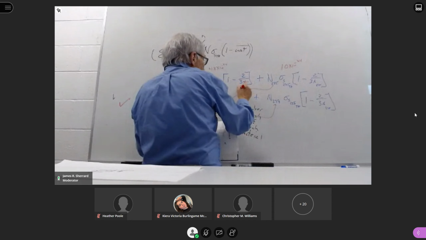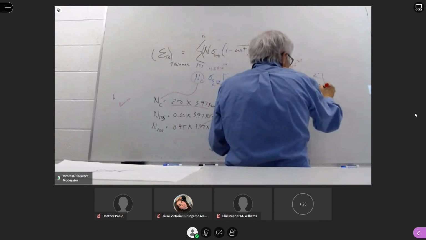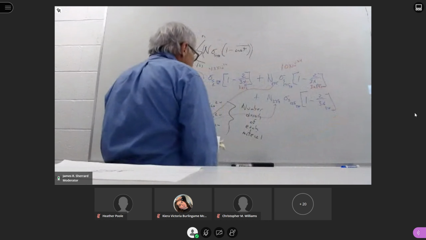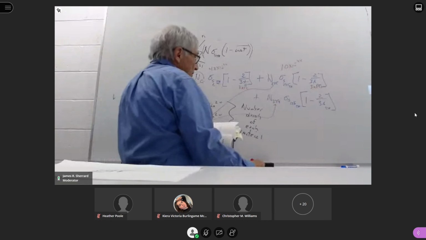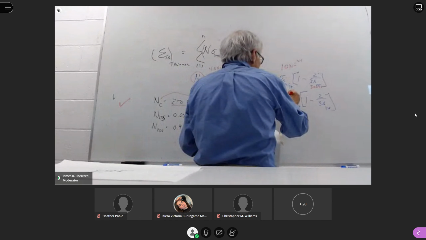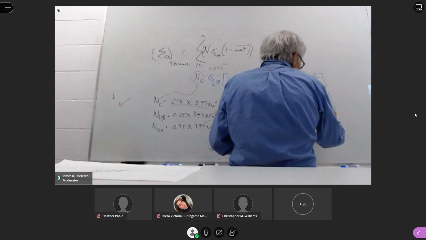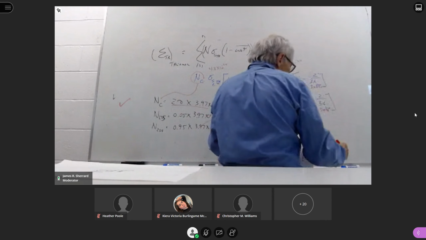This value is going to be 3 times 12. This number is going to be 3 times 235. Again, this number came from down here. Scattering for 238 in the back of the textbook is 8.3 barns. And this has become 3 times 238.